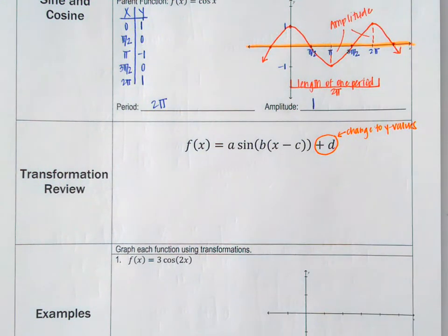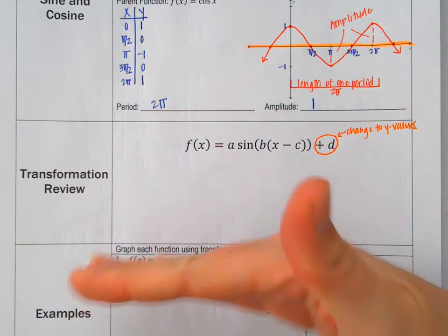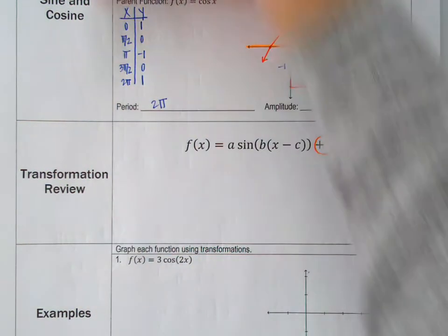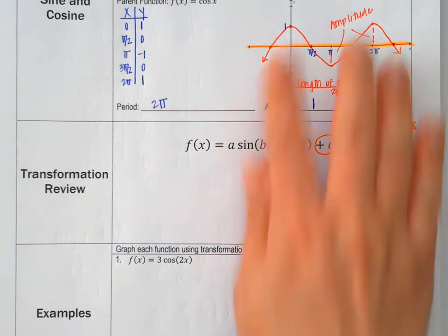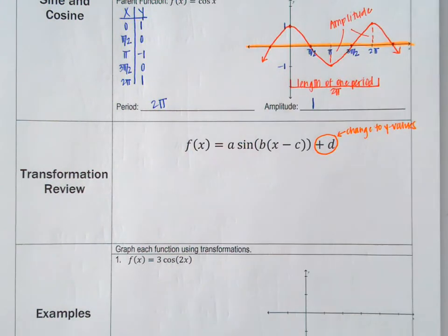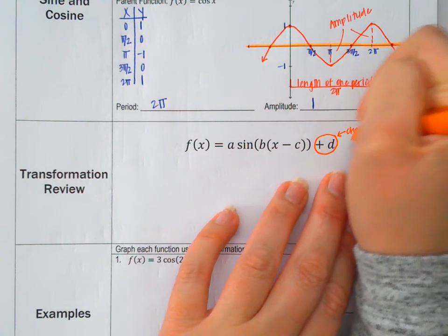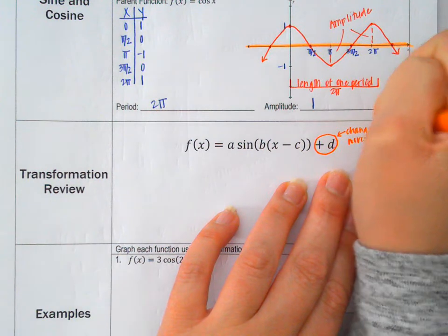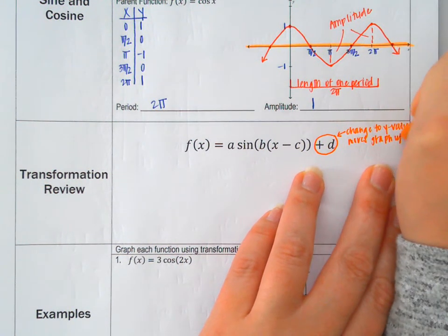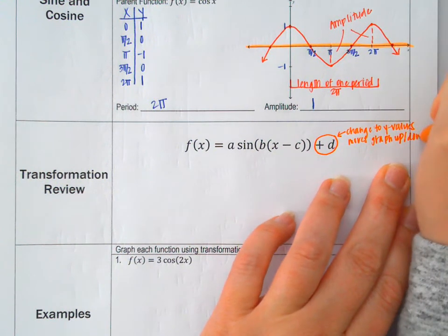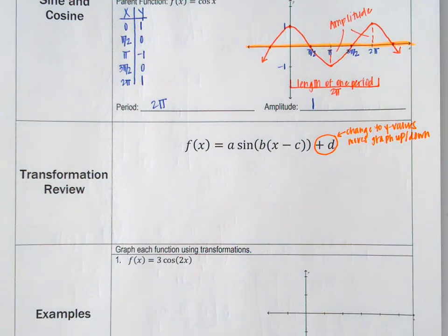And so remember, when it's a change to the y values, y values are up and down. And that's all it's doing. So it moves the graph up or down.